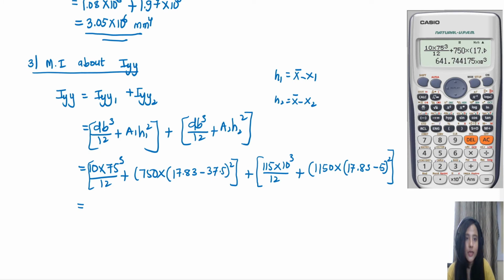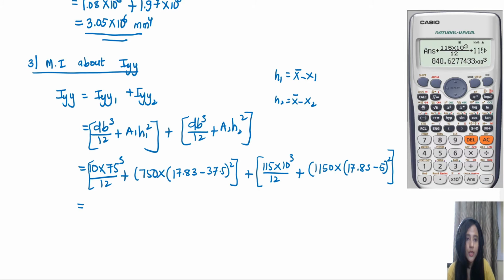So I'll directly add it up. Plus for Iyy2, 115 into 10 raised to power 3 divided by 12 plus 1150 into its height, 17.83 minus 5 the whole square.